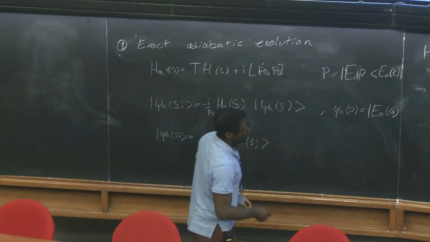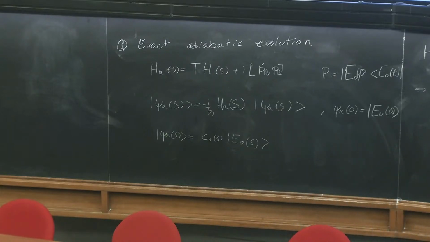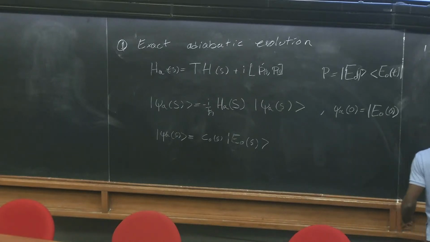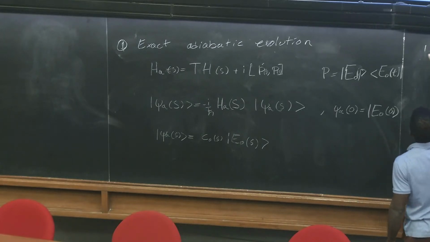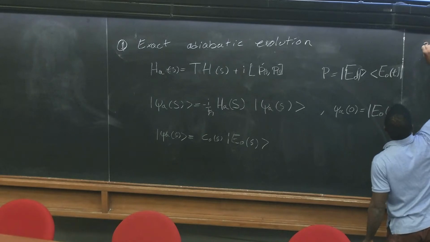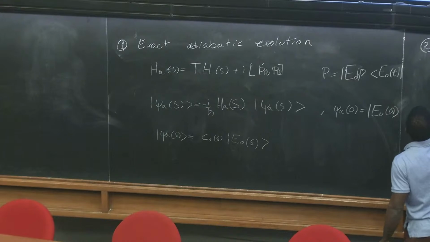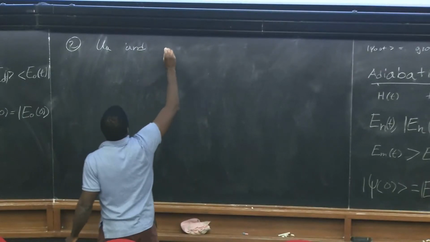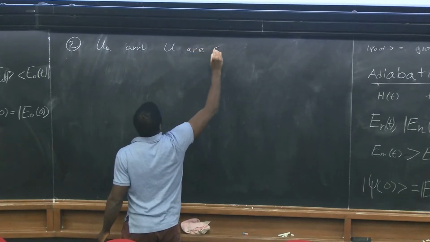The next thing that you would have to do for the proof is showing that if I take the evolution operator, let's say U_A and U, are close.